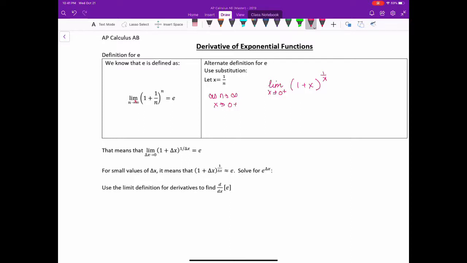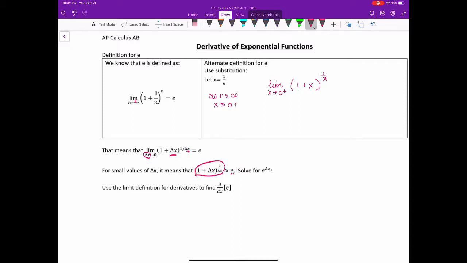But what that means is that we can use delta x instead of x, for example, and substitute, and this is our definition. If you then can solve, for example, I want e to the delta x, raise both sides to the delta x. Tell me, if I know that this is true, that this here, as delta x gets very small, will be approximately e.